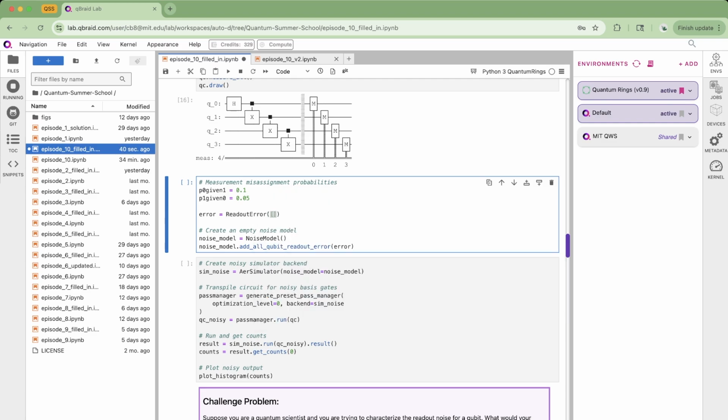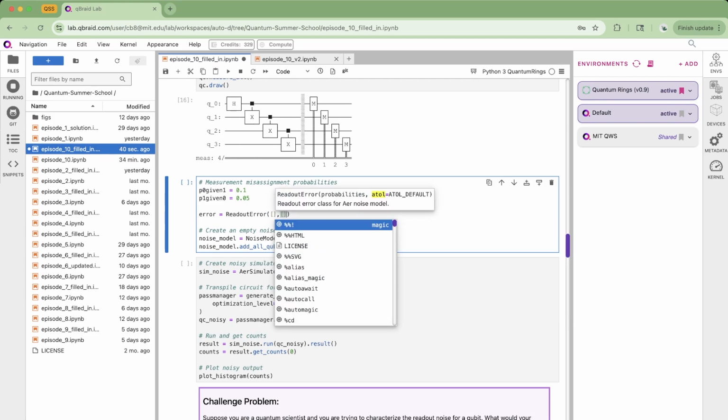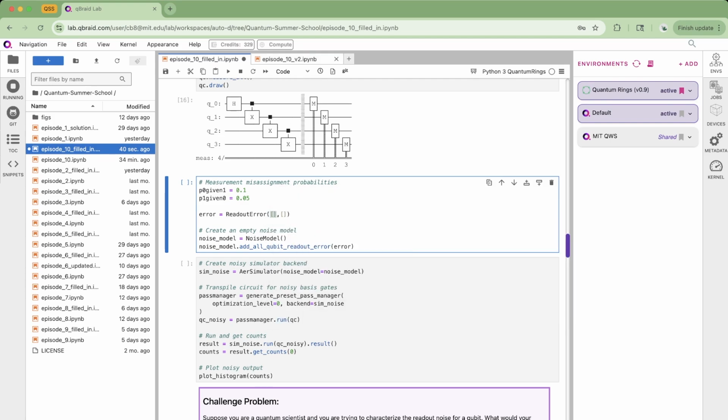So the first part here is going to be a matrix, and the first element is going to be the probability that we measure 0 given 0. So that's going to be 1 minus the probability of 1 given 0.